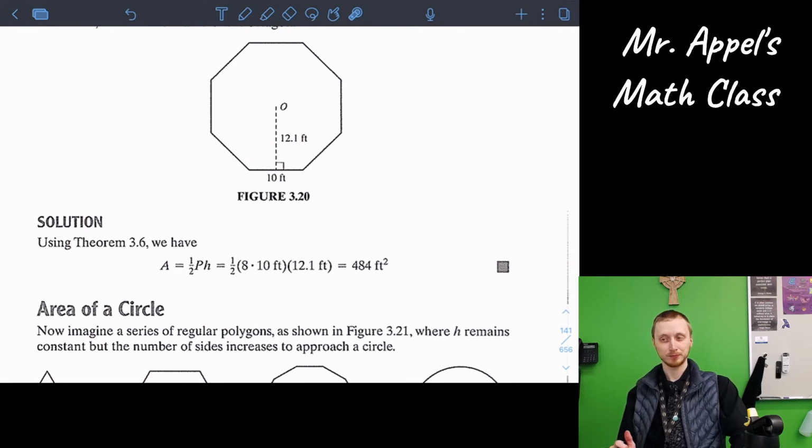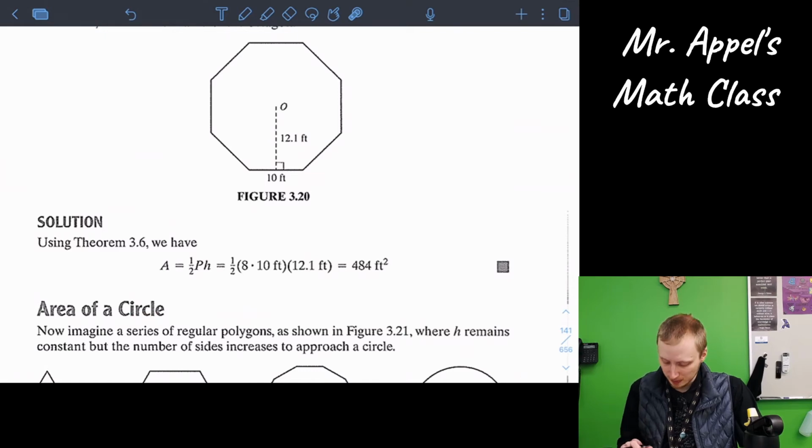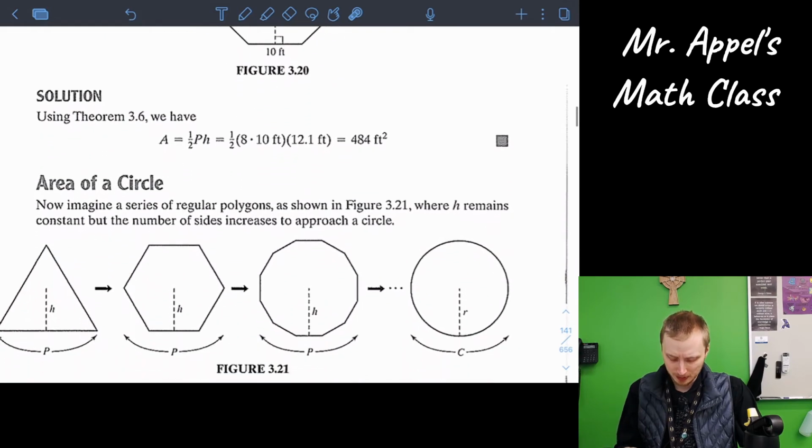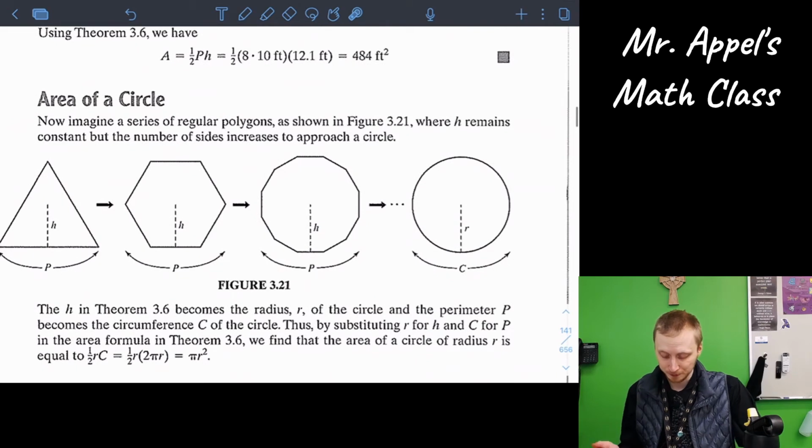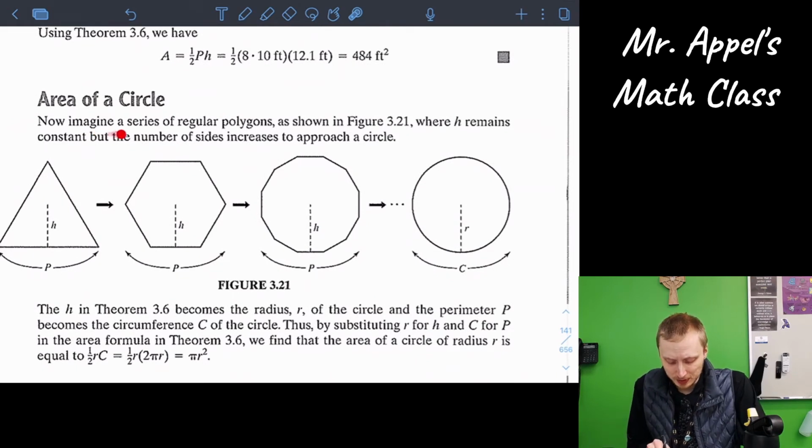There we have it. Now, what about that circle that we needed for the problem from the beginning? How do we get the area of a circle? Imagine a series of regular polygons as shown in figure 321, where h remains constant, but the number of sides increases to approach a circle.